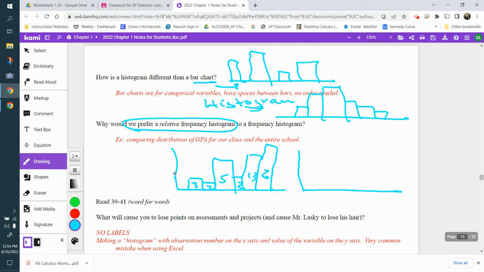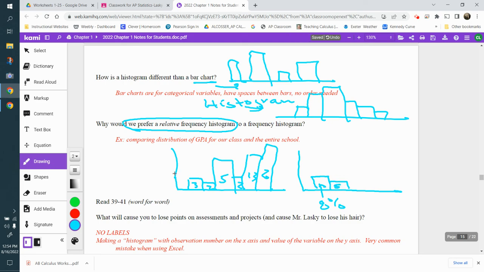And so all of a sudden now 3 divided by 45 is a super small percentage. So this would be 3. It's right around 8%, let's say, because I did 3 divided by the total. And then all of a sudden 2 is even lower. It's like 5%.